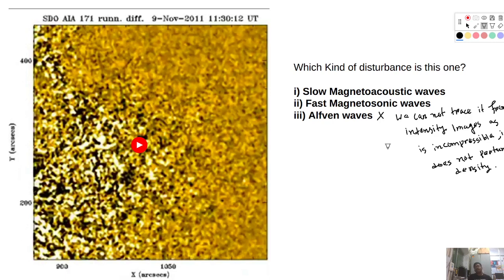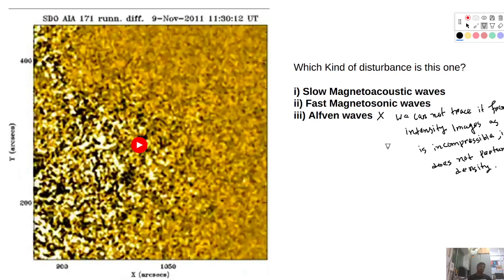But if you find that there are some perturbations in the intensity images which are, let's say, isotropic, or going across the magnetic field structures, you can term it a fast magnetosonic wave rather than a slow magnetosonic wave.